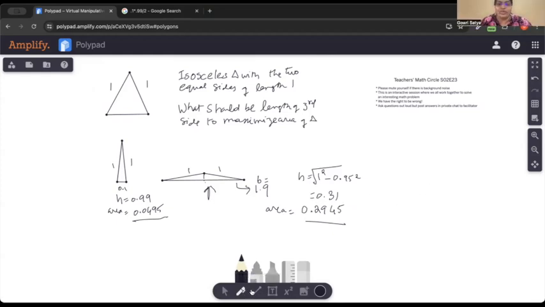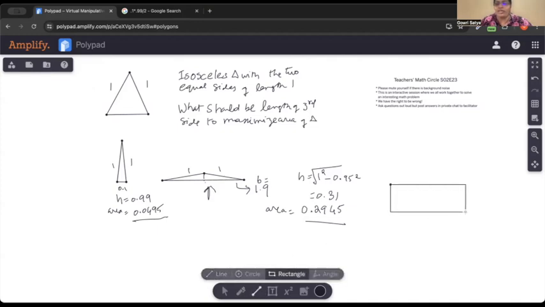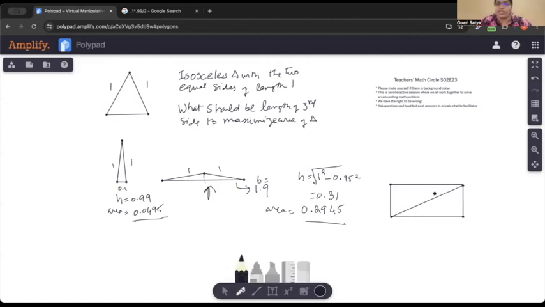Okay, wait 1 second. Let me draw it. Rectangle. And we have the diagonal, and this is 1. I don't know how to show the square will have the max area. So what I did was, I said consider any quadrilateral with all sides being 1.